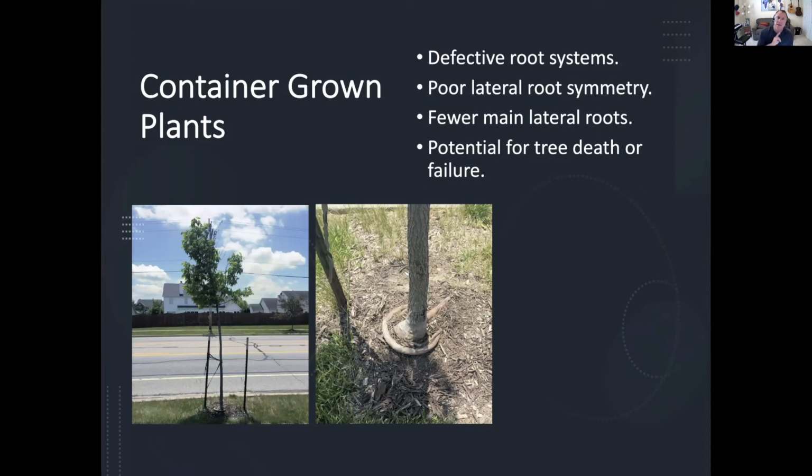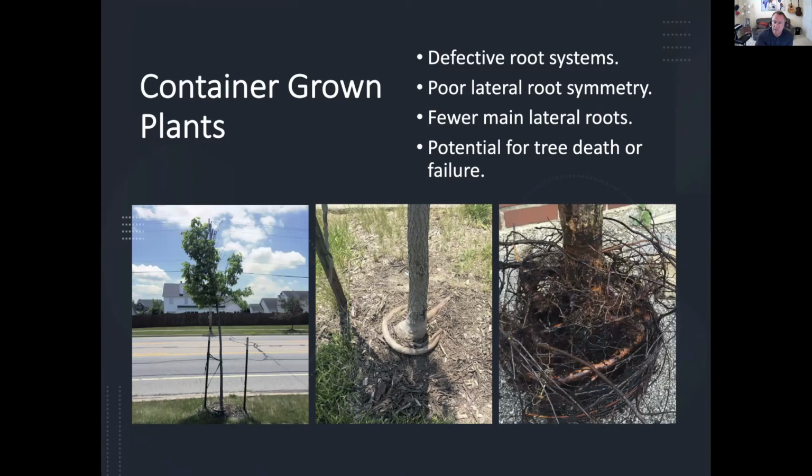But again, it's almost like the tree is genetically coded to continue to grow in that circle, and this is what we see. Now, if the tree doesn't perish as a result of the girdling and just choking out its vascular system, the other issue is that it never gets out of its prepared planting pit. And so it doesn't expand its reservoir of moisture, water availability, and nutrient availability.